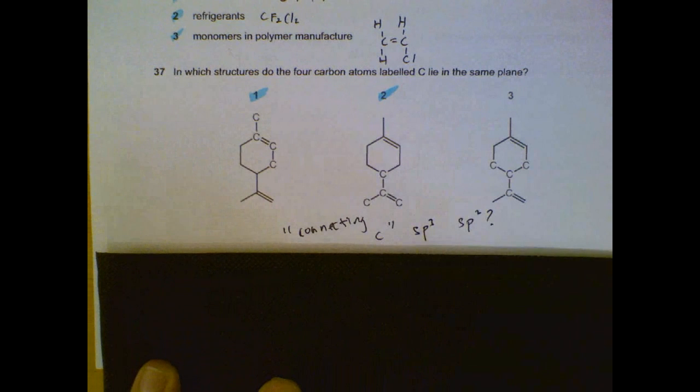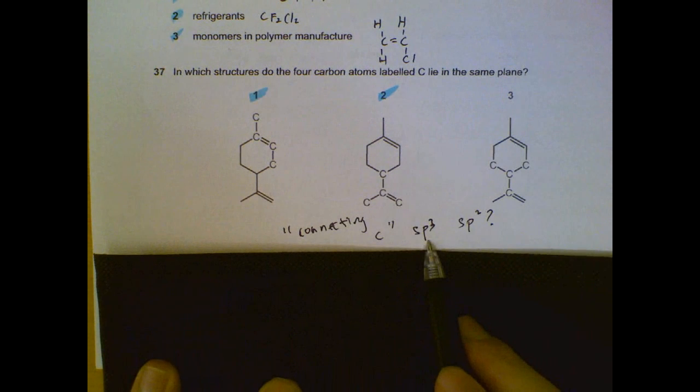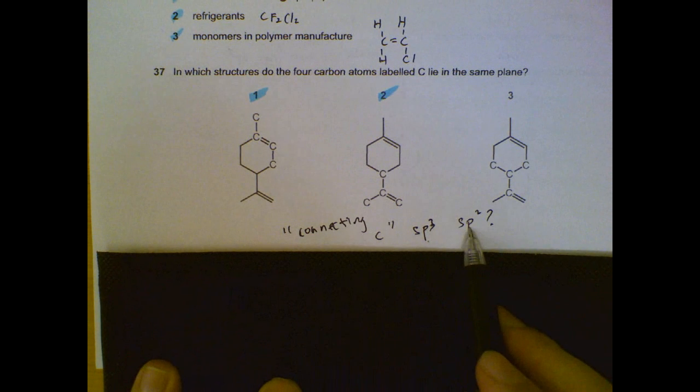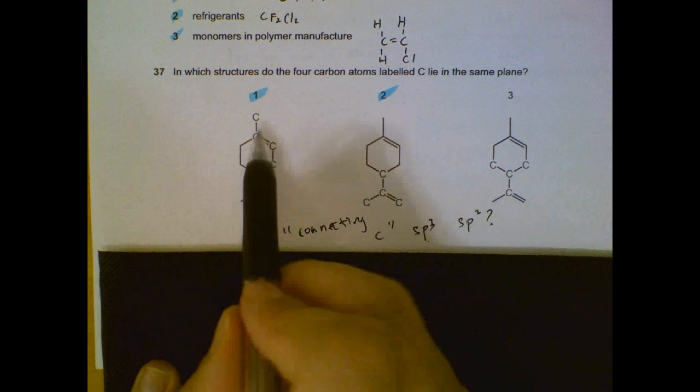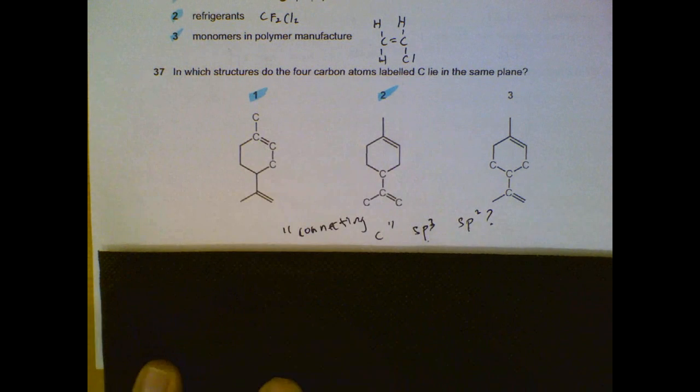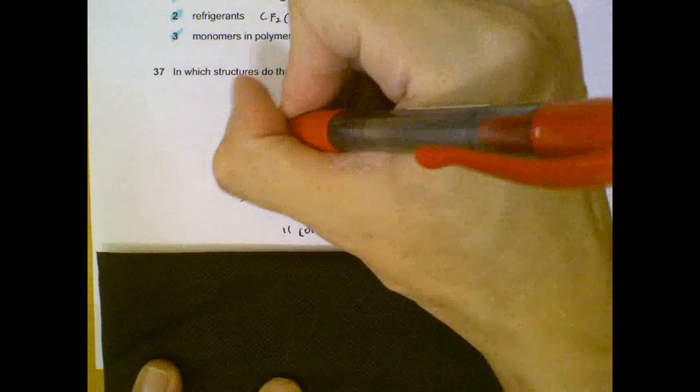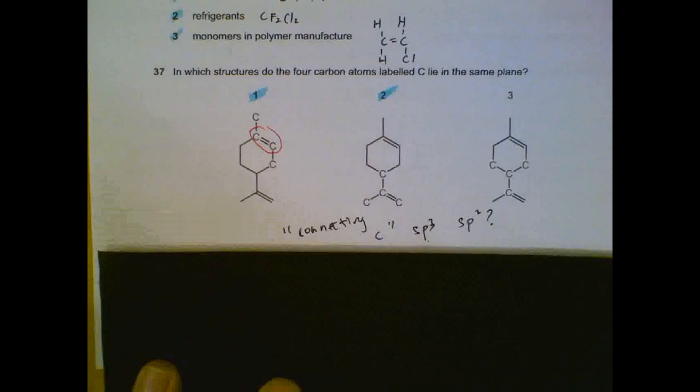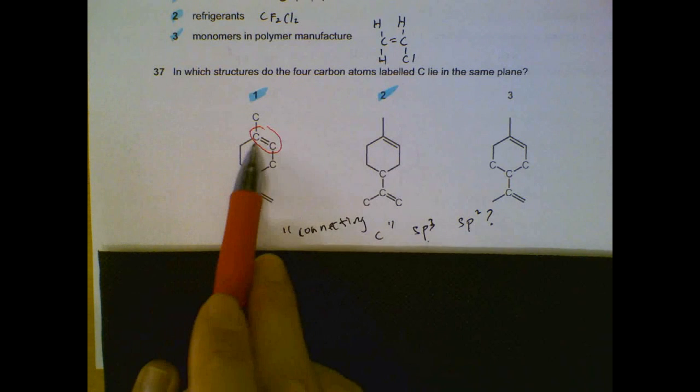If it's sp3, then the 4 carbons will not lie on a plane. If it's sp2, then yes, the carbons lie on a plane. So okay, using this example, the connecting carbons will be these two. This carbon is sp2. This carbon is also sp2.